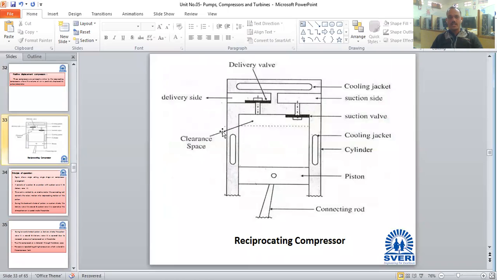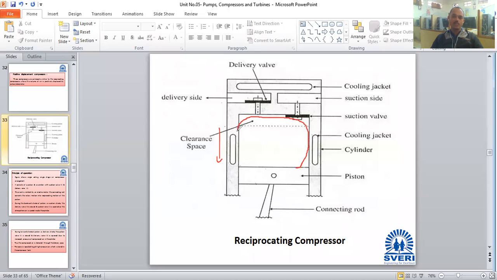So when the piston starts moving in the downward direction, what will happen here? Vacuum will form in the chamber, not cavity actually, cavity is a different word. This one is the chamber.